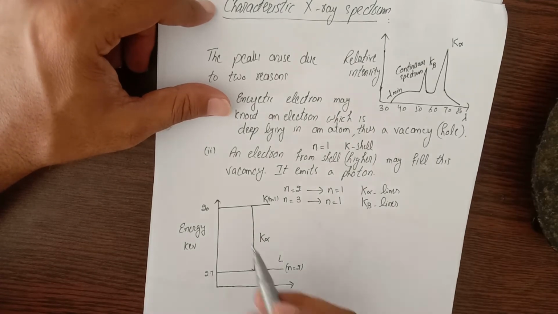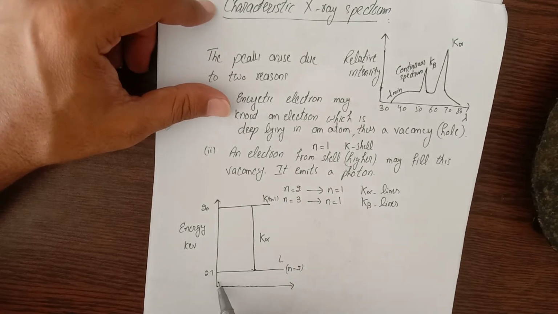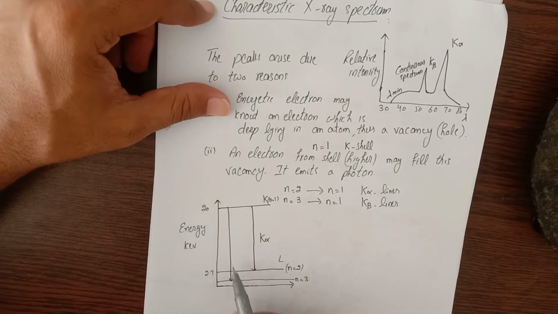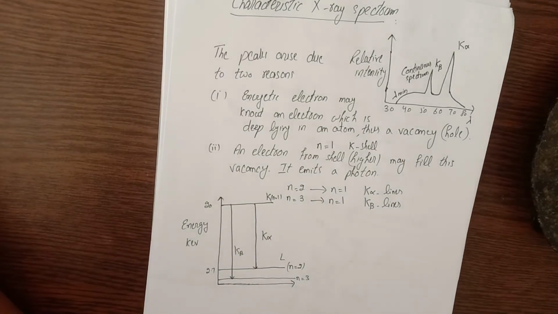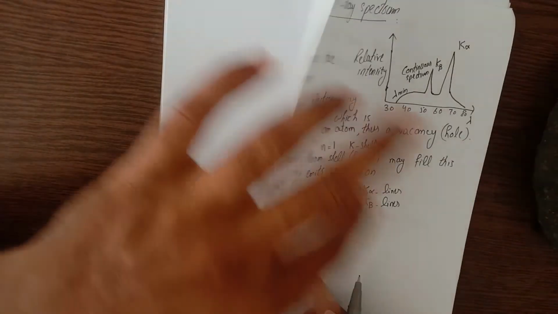And let's say this is n equals 3, and if the K beta spectral line is formed, it would be given like this one. This baseline, E equals 0, represents the neutral atom in its ground state.